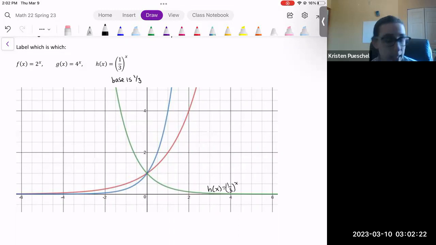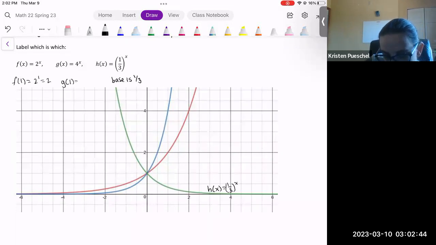So one easy way to compare is to think about which one will have larger outputs. So we could try plugging in values. So we could look, for example, at f at 1 and g at 1. You might have tried this. F at 1 is equal to 2 to the 1, which is 2.